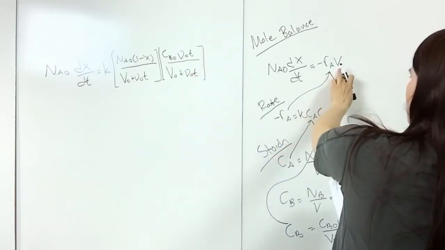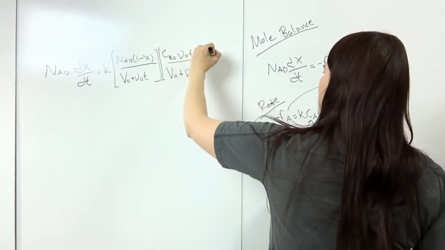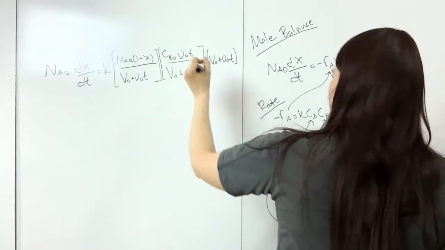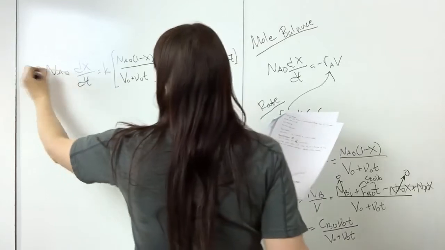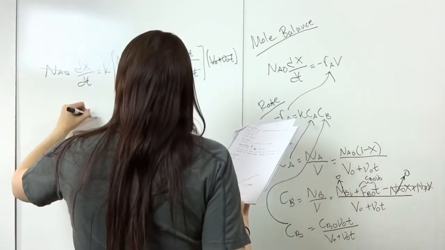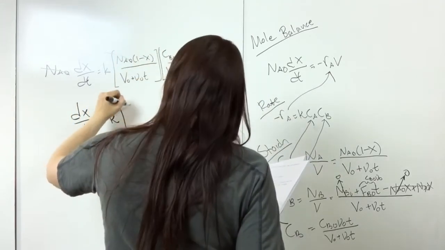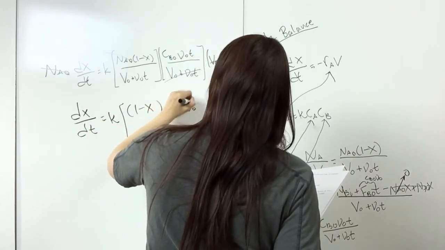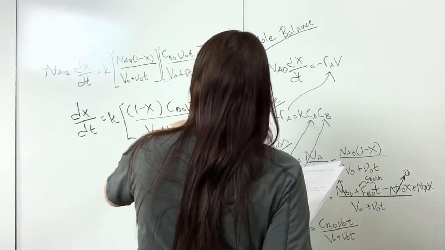And then remember this volume is changing, so we can't just write V here. We have to write V0 plus v0 t. So then one of these cancels, and we can also cancel NA0. And so we're left with dX/dt is equal to k (1 minus X) CB0 v0 t over V0 plus v0 t.